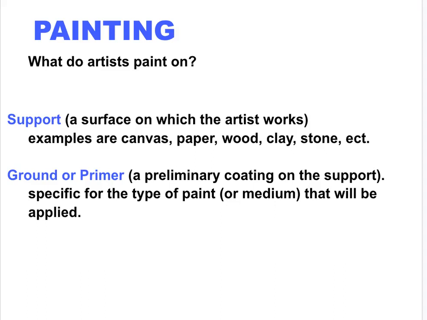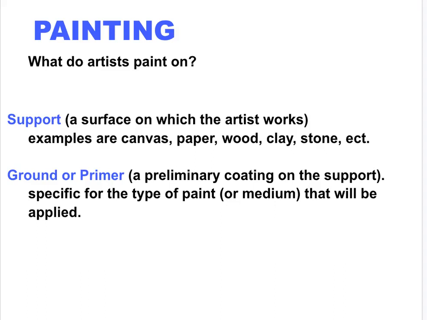One other thing we need to make sure you understand is when you paint, you have to have a support. What do you paint on? A support is anything, that's just the art word, that is anything on which the artist works. Things like a canvas, paper, wood, clay, stone, really anything.